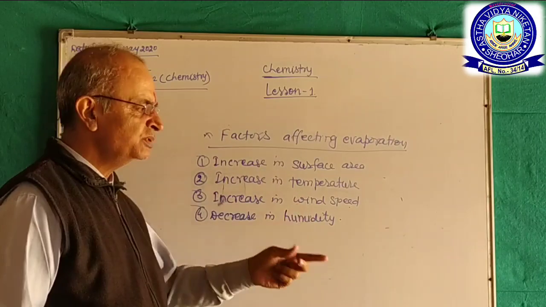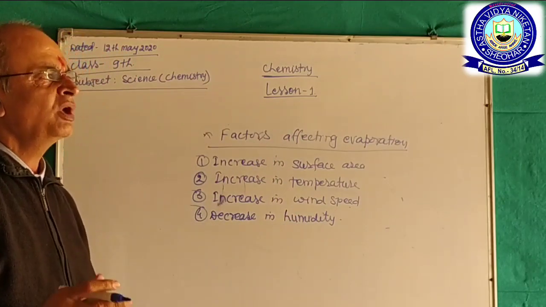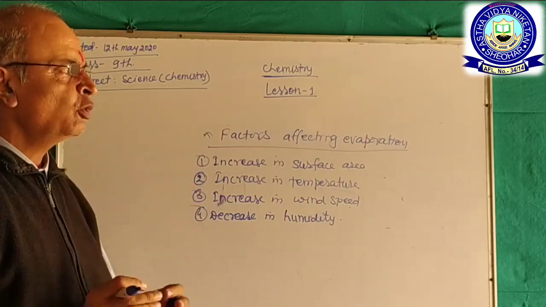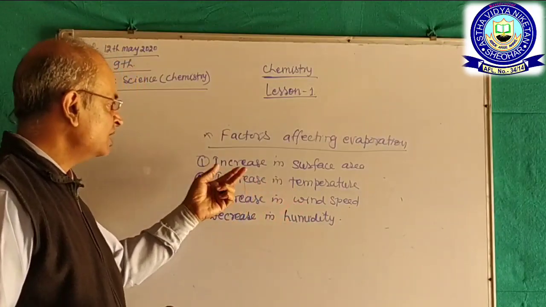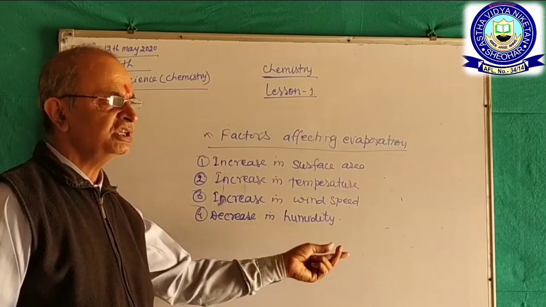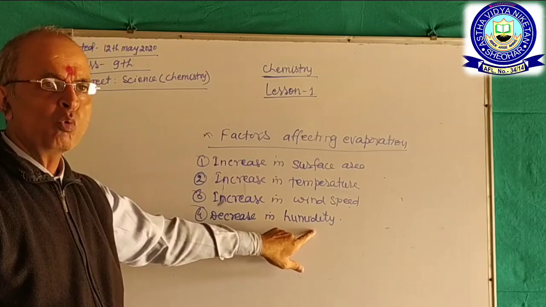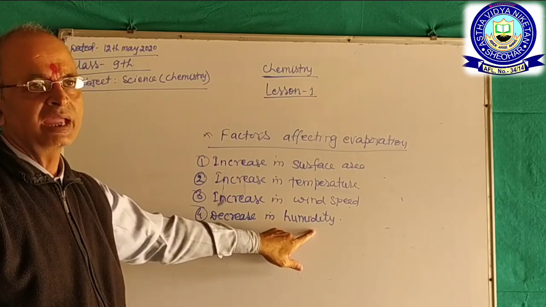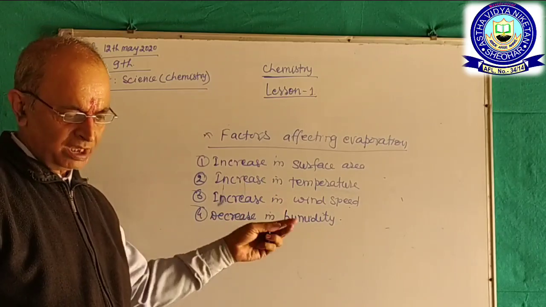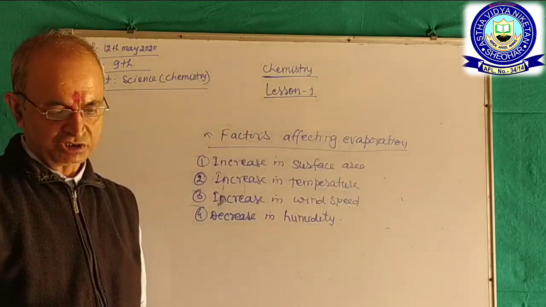Increase in wind speed: we have learned that where there is very high speed, there is very low pressure, and with low pressure evaporation takes place. And decrease in humidity: humidity is the amount of water contained in the air. If it is less, the evaporation is increasing.